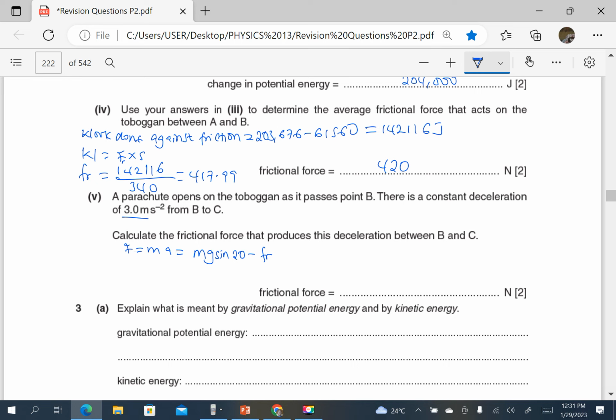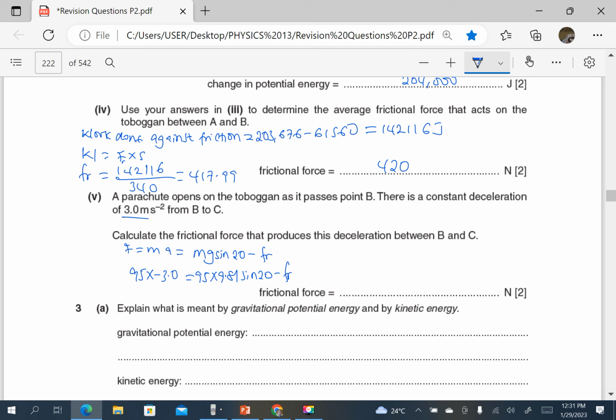Alternatively, I would say the frictional force minus mg sine 20 because it is slowing down. But if I don't do that, I know the acceleration is negative, so I'm substituting. The mass is 95. The acceleration is negative 3.0 because it is a deceleration. The mass is 95 times 9.81 sine of 20 minus the frictional force.